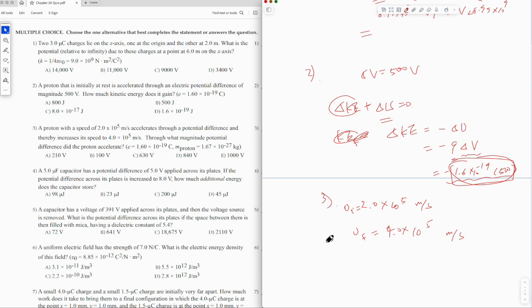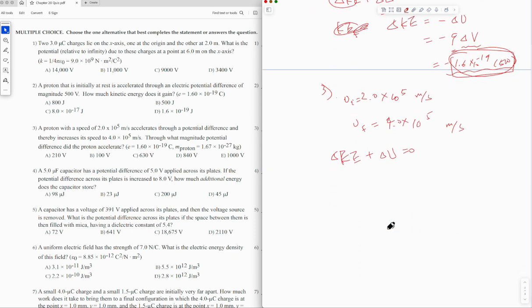We still use energy conservation: delta KE plus delta U equals 0. It asks about the magnitude. You can tell if the kinetic energy increases, the potential energy has to decrease. Delta K equals 1/2 m VF squared minus 1/2 m VI squared, plus Q delta V equals 0. For a proton, Q is 1.6 times 10 to the negative 19.